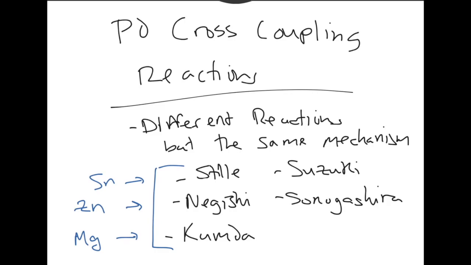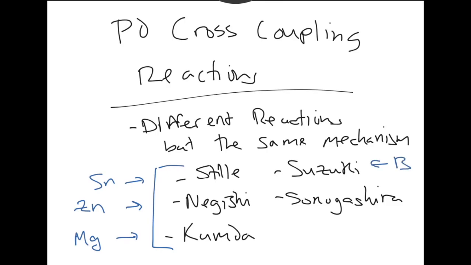So, Stille, tin; Negishi, zinc; Kumada, magnesium. Suzuki has one extra step in the mechanism, but otherwise it shares the exact same mechanism as the first three, and this uses boron.